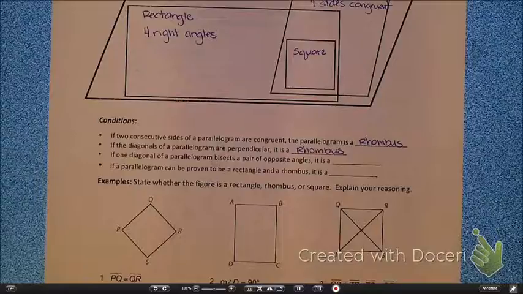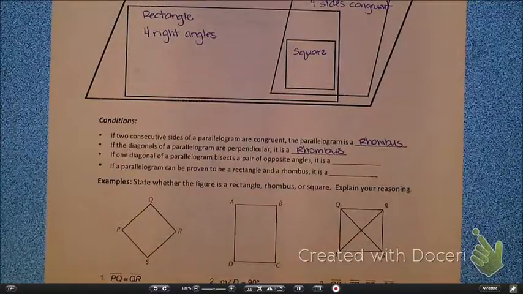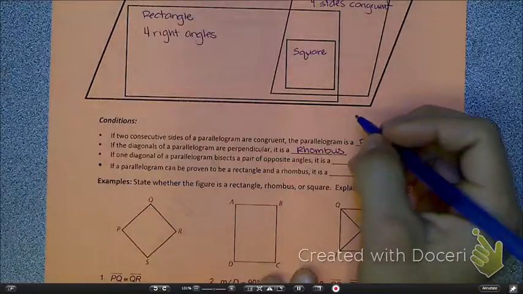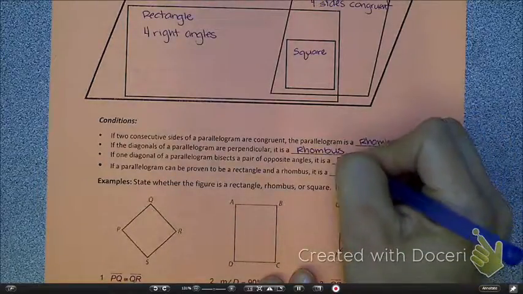It's a rhombus then, also. Okay, next, if one diagonal of the parallelogram bisects a pair of opposite angles, it is a blank. That would be that it is also a rhombus.